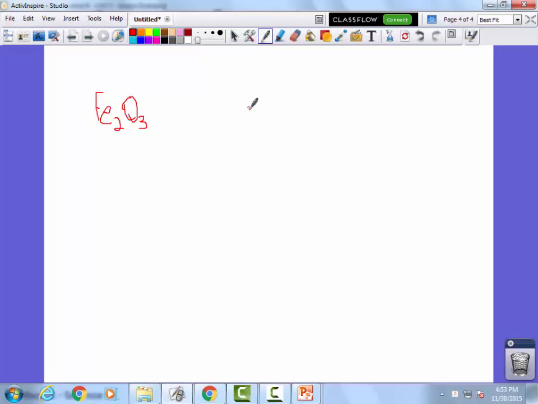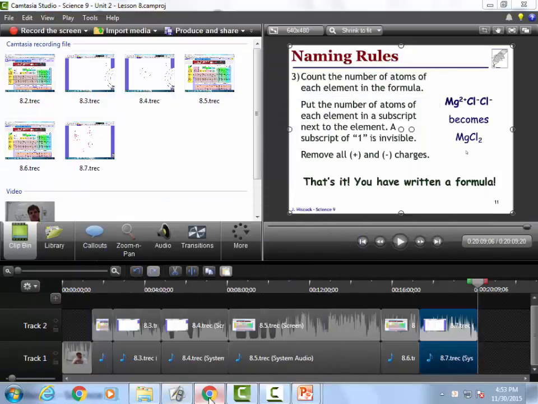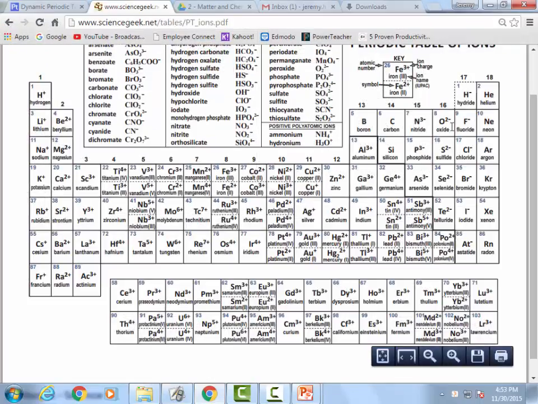So let's break this apart. We've got 2 Fe atoms, and we've got 3 oxygen atoms. We're not sure which one the Fe is. It could be +2, it could be +3. We do know that oxygen can only be -2. Fe can either be 2+ or 3+.